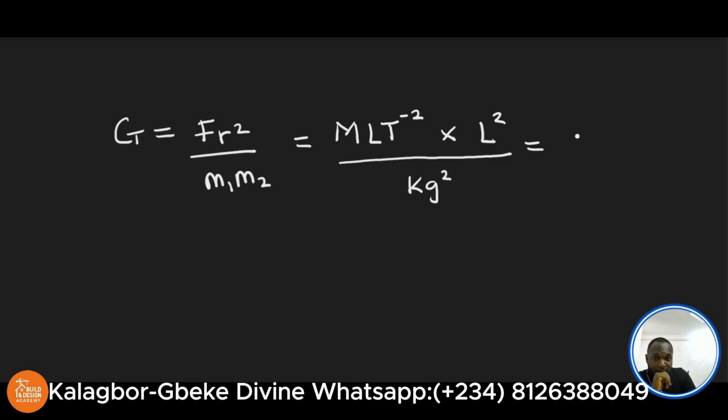So we now have M L raised to 1 plus 2, T raised to the power minus 2, all over M square.